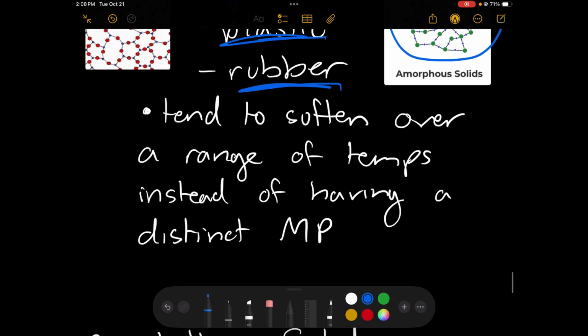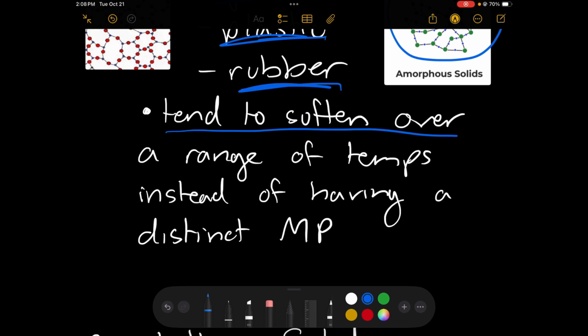Typically, because of their randomized structure, amorphous solids tend to soften over a range of temperatures rather than having a distinct melting point. The thing that I want to cite for that, once again, would be butter, right? Because we know that butter has a melting point really, really close to room temperature. If you hold it in your hand, it's going to melt.